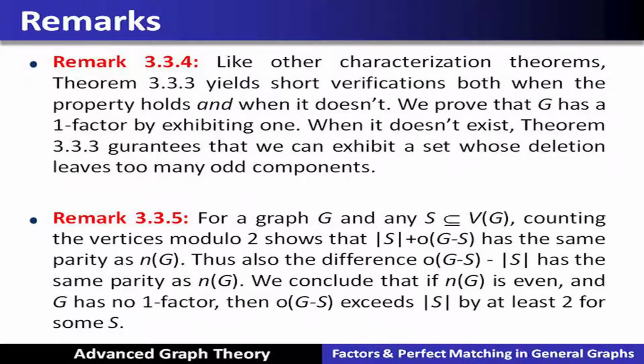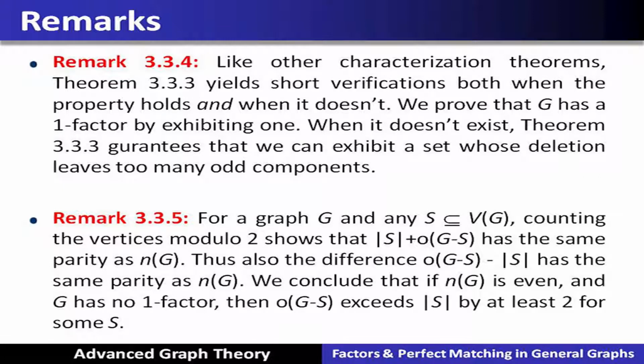Remarks: like other characterization algorithms, this algorithm will yield a short verification both when the property holds and when it does not. So, we have shown when the property holds, there exists a one factor. We will show when the property does not hold, that particular characterization is still valid.